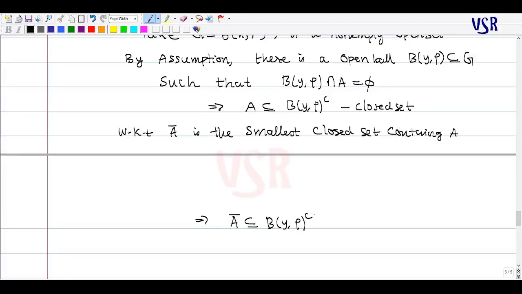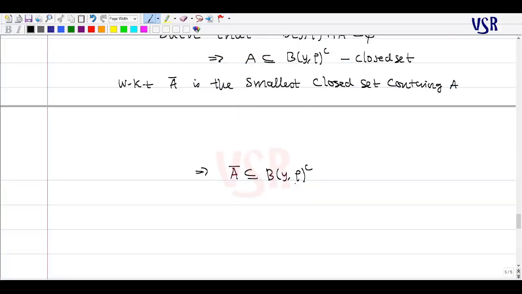So ball with the center y radius rho intersection with A closure is equal to empty.